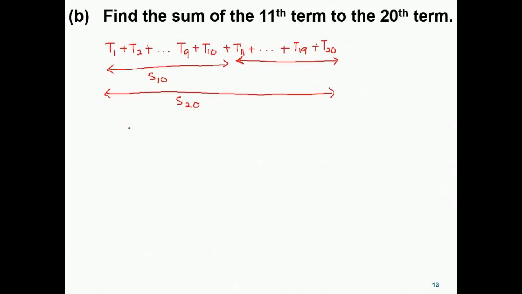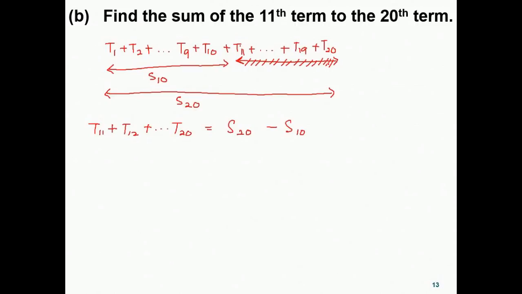The question asks for the sum from T11 until T20. So how to get this one? It is actually equal to S20 minus S10. So this is what we want to find.